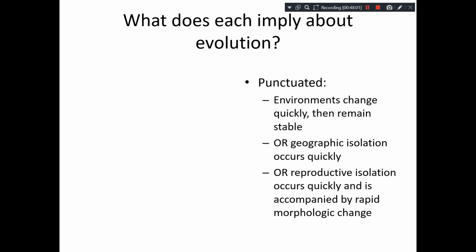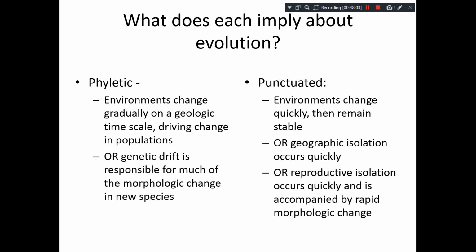Now, what does each imply about evolution? In phyletic gradualism, environmental change gradually on a geological time scale makes the change in the population, or it is genetic drift responsible for much of the morphological changes in the new species.